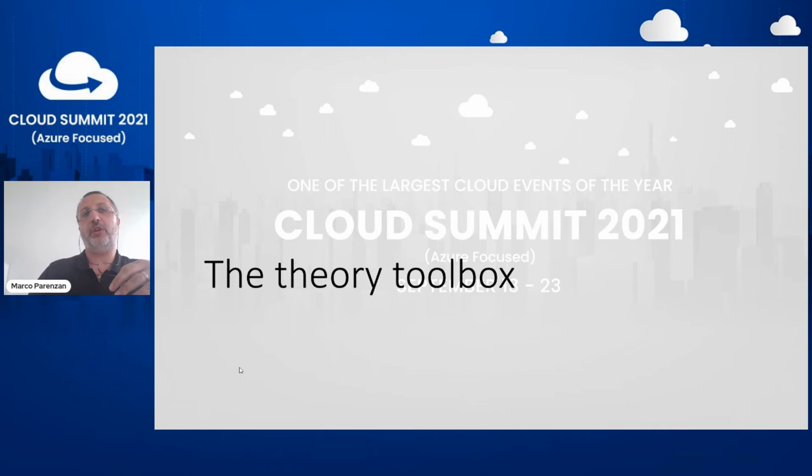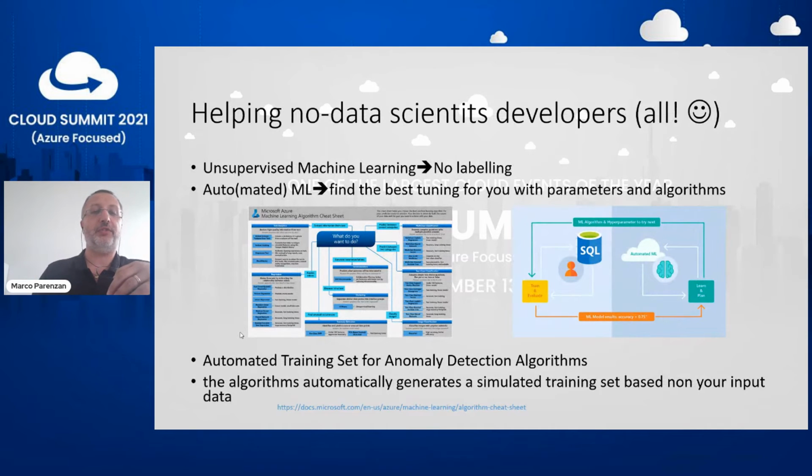So let's discover the tools that we as .NET developers have in our toolbox and can use. First, in the data science scenario, there are two main differentiations: supervised and unsupervised machine learning.